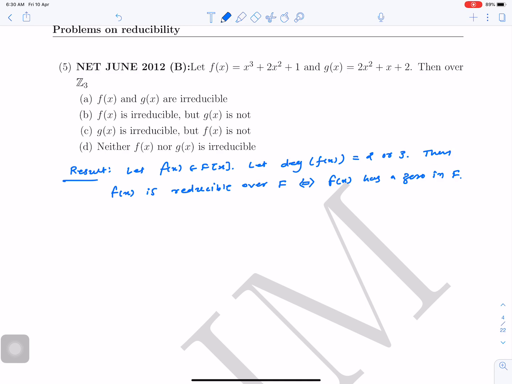But for that our degree of the polynomial should be 2 or 3, and here the degree of f(x) is 3 and the degree of g(x) is 2, and over Z3, which is a field, so we can use this result. So to check whether f(x) is reducible or not, we just have to find whether f(x) has a 0 in Z3 or not. Similarly, whether g(x) has a 0 in Z3 or not.